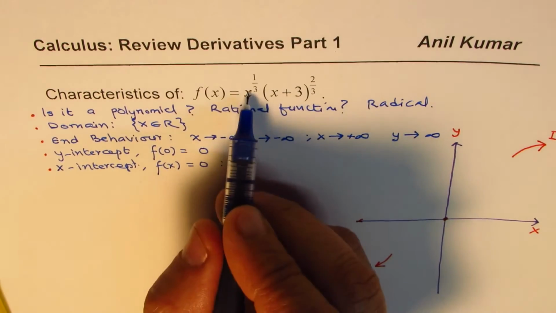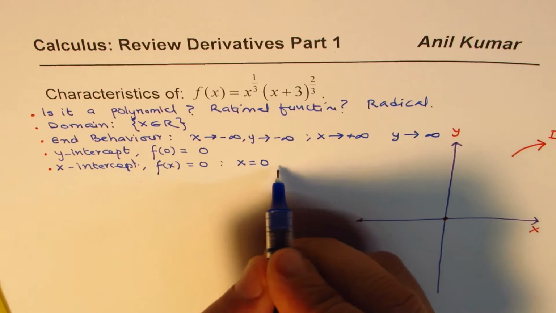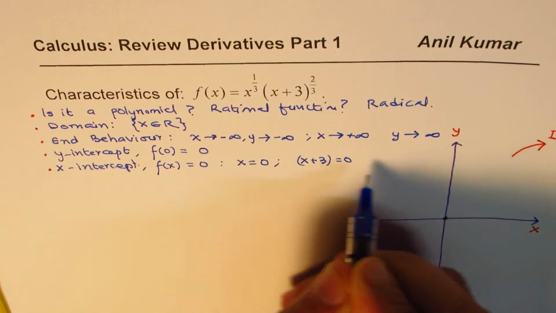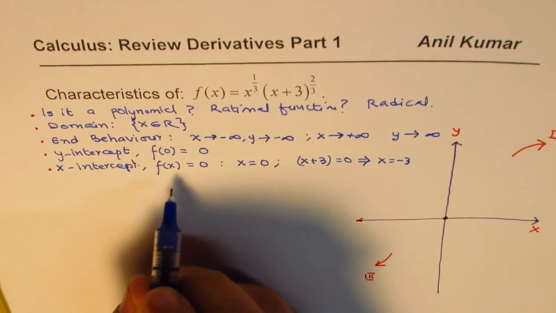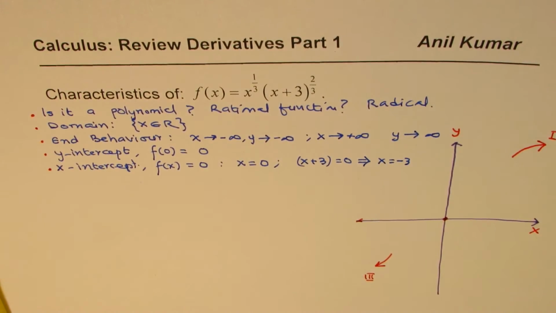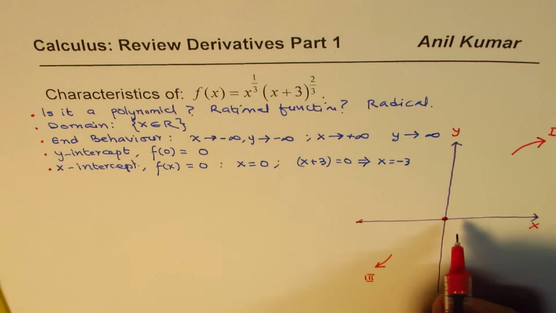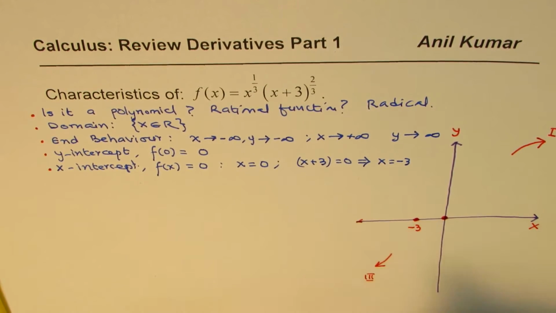That is possible if the first part is 0, that is x equals 0, or if x plus 3 equals 0. That gives you the value x equals minus 3. So we have two x-intercepts here: one at 0 itself, where we have the y-intercept also, and one at minus 3.